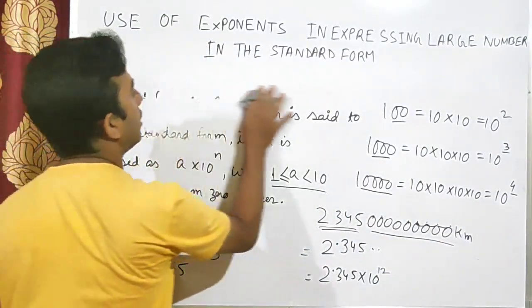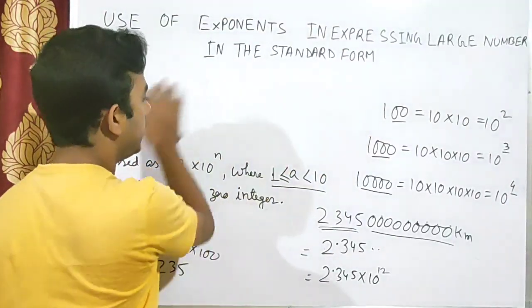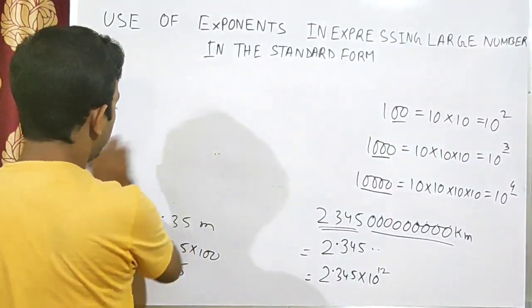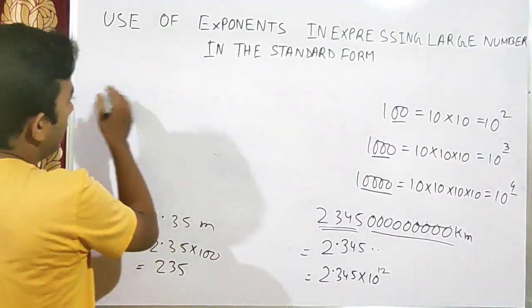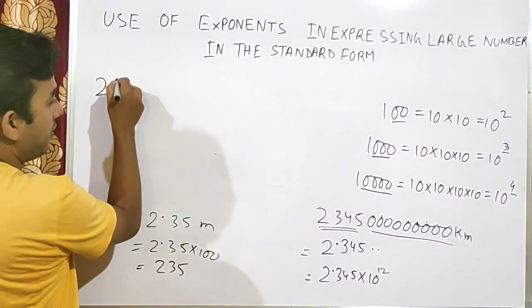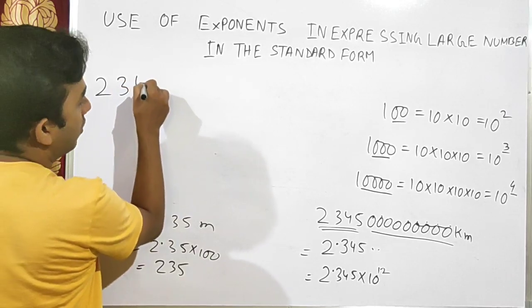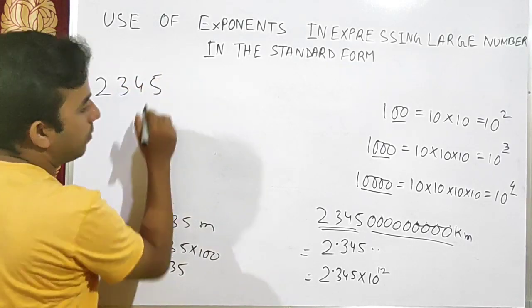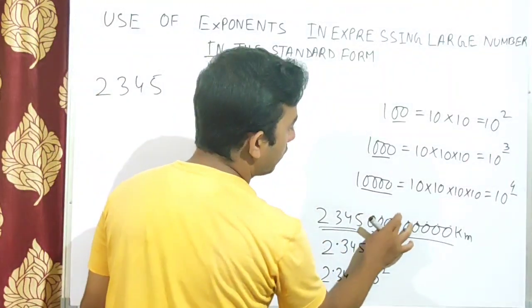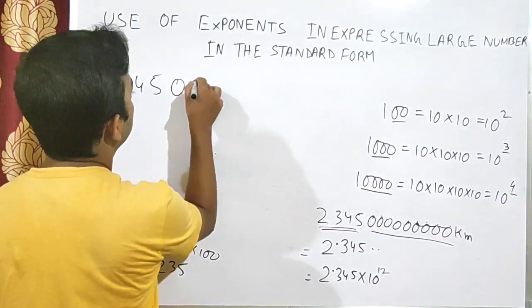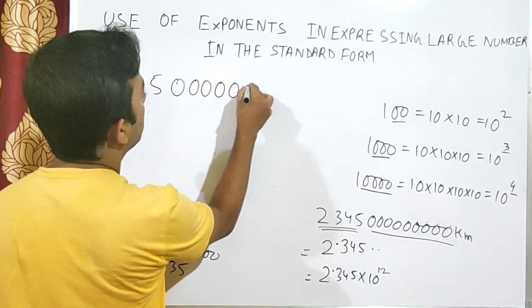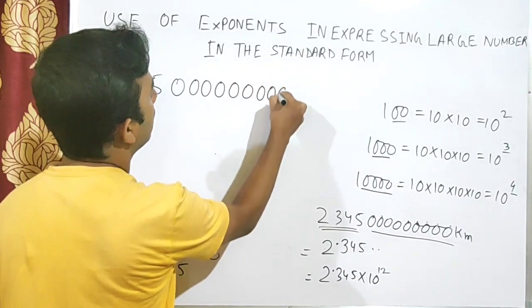Let me erase this. Let me write the number 3 4 2 3 4 5, then 1 2 3 4 5 6 7 8 9, 1 2 3 4 5 6 7 8 9.